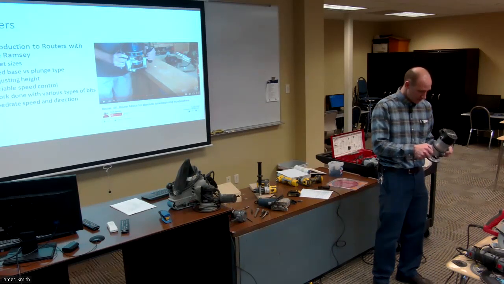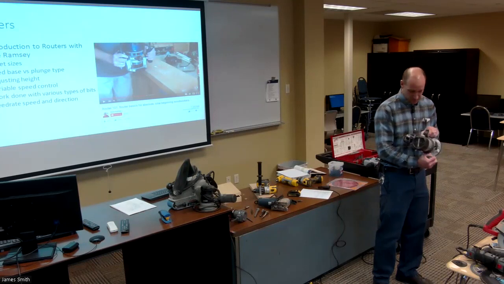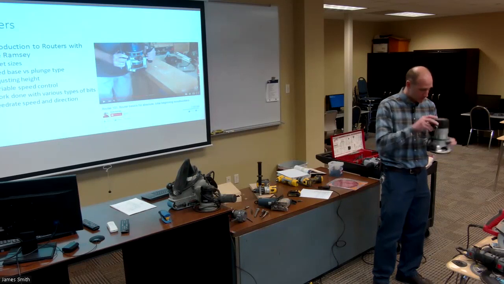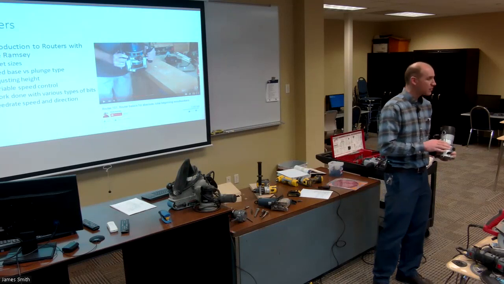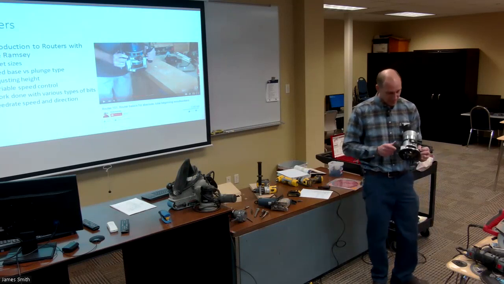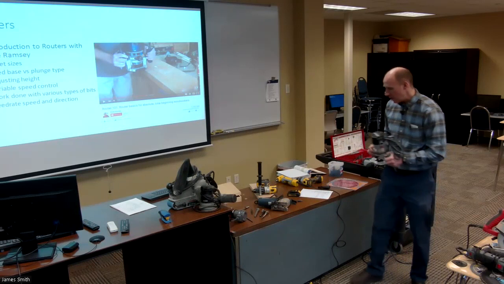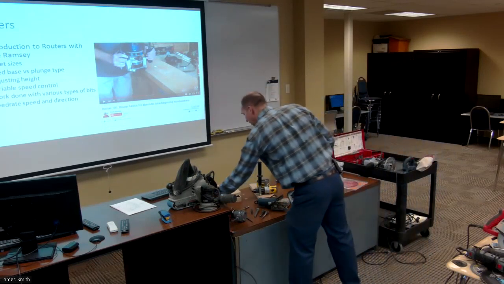I don't even know what size motor this is. Is it a 3/4? They used to always print them right on the top, but this is a model 1001. That's what they call them nowadays. They don't have a horsepower rating on them anymore. But anyway, this is what we use for doing a lot of dovetailing, just kind of medium duty applications.